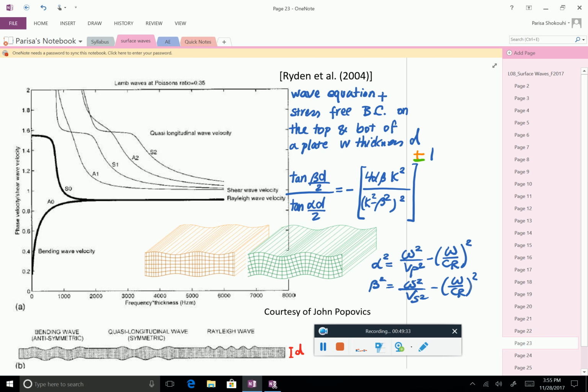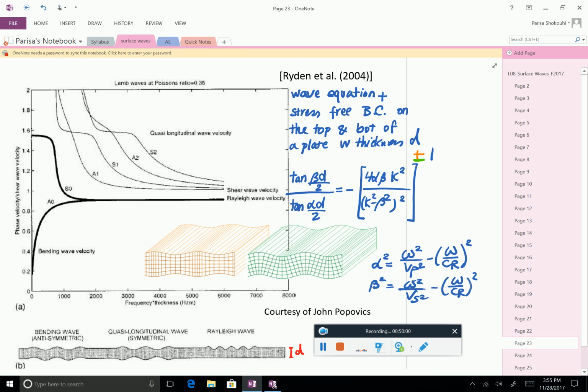It turns out that when you have a plate, very interesting things happen. Let's start from what we understand. If the frequency is very, very high, the waves do not know that the other surface exists. So it becomes like Rayleigh waves.